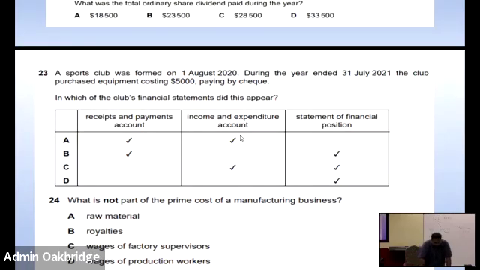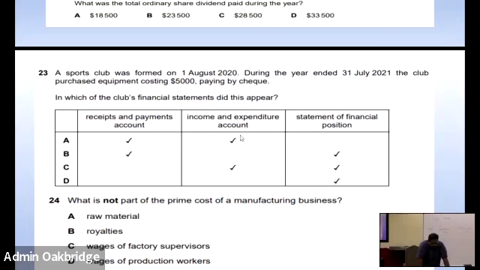A sports club was formed on 1st August 2020. During the year ended 31st July 2021, the club purchased equipment costing 5,000 and paid by cheque. In which of the club's financial statements did this appear?